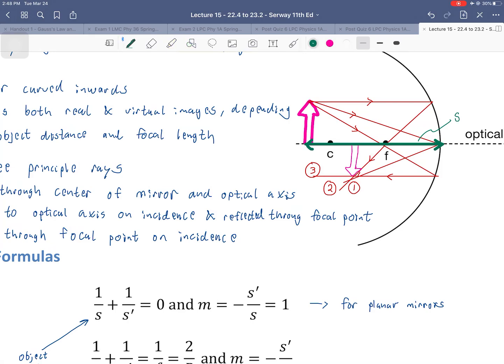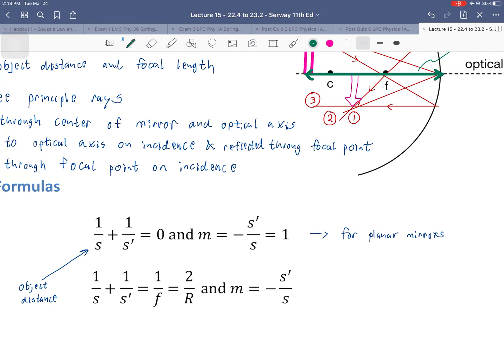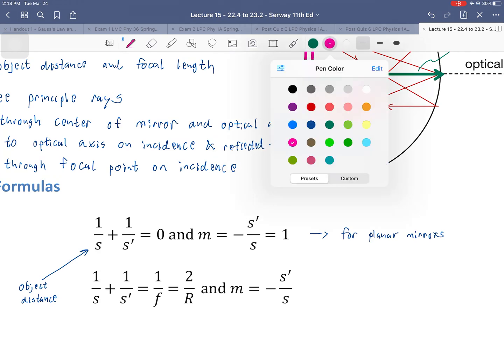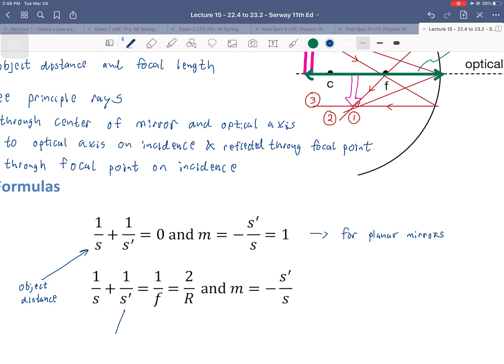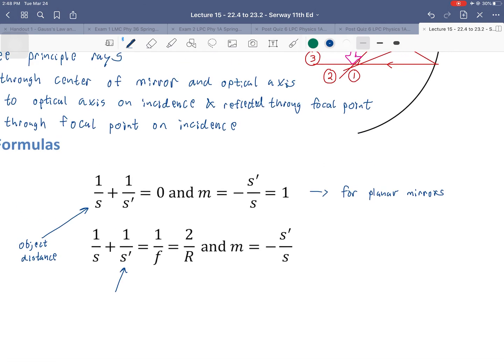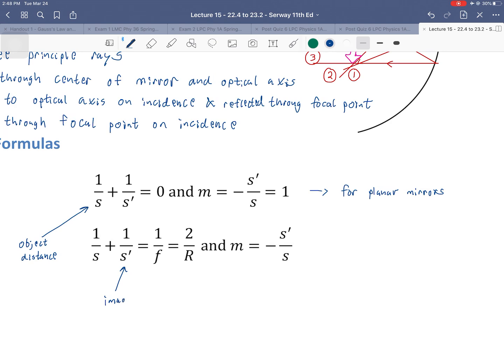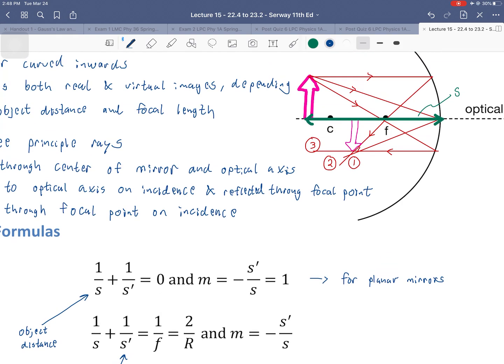Whereas s prime is the distance of the image. So it's the distance from the mirror to the image. So image distance. So in the case of the concave mirror, we have our real image, and then that real image is going to be located at s prime. Like so. So that one is s prime.